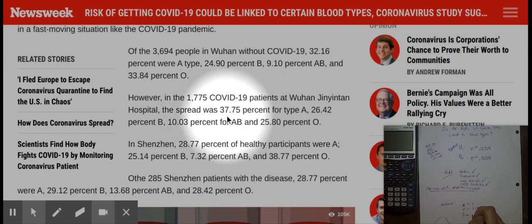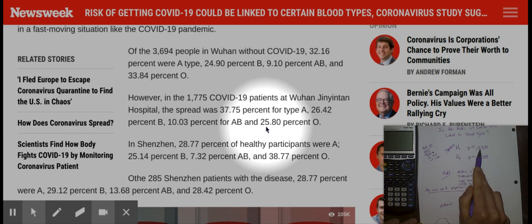And they tell us the percentage of type O is 25.8, so 0.258. We can already see that it's less than the proportion that are type O blood. So my question is, is this low enough to suggest that people that are type O blood are less at risk?